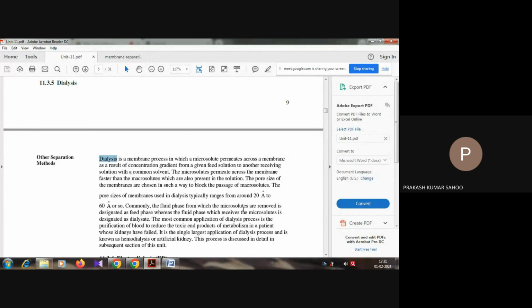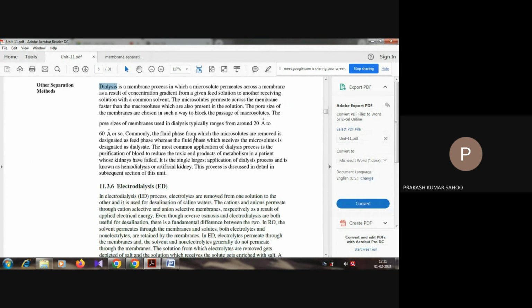At one end impure blood goes out, and at the other end pure blood goes into the patient's body. The common fluid phase from which the microsolute is removed is designated as feed phase, whereas the fluid phase which receives the microsolute is designated as dialysate.